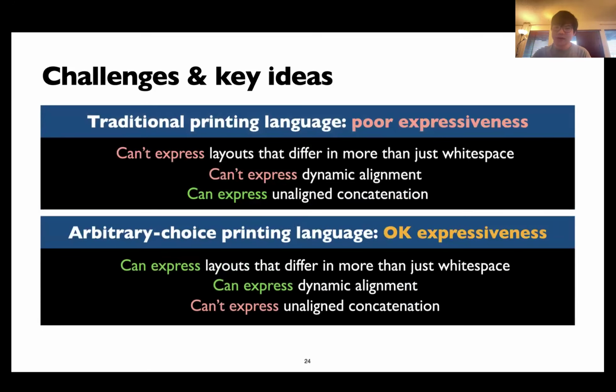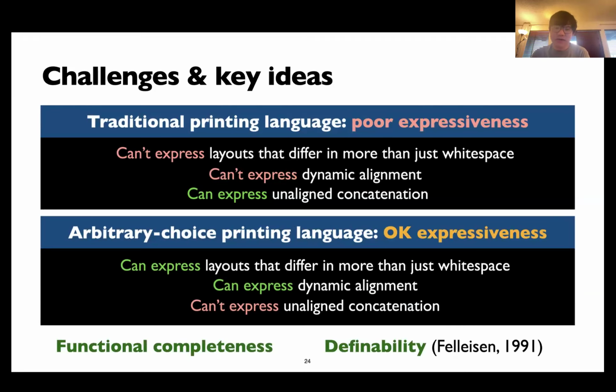Now, one thing that you might want to ask is, how do I know that these are actually true, right? What I just said is pretty informal. How do I know that it's true? Well, we created two formalisms that we call functional completeness and definability, which are based on earlier work. Using this formalism, we can rigorously prove that what I claimed is true.